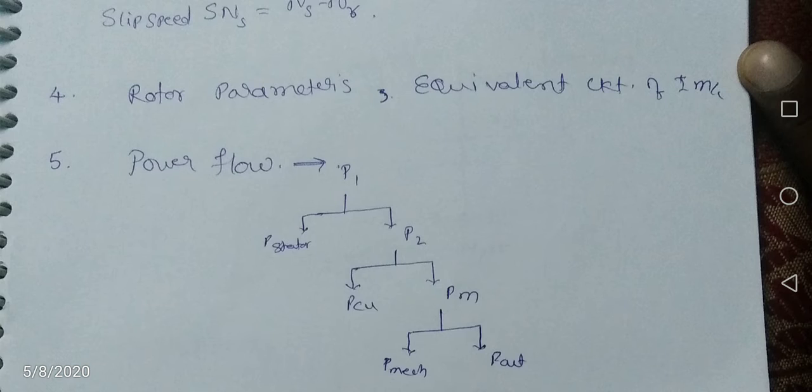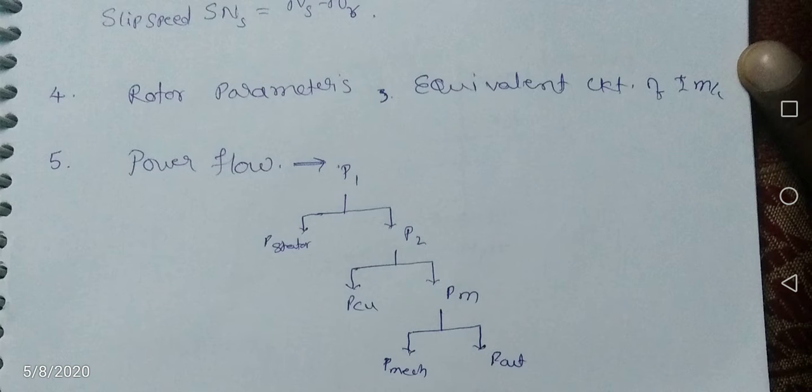And full load torque. Sorry, not full load, maximum torque. To get a maximum torque, differentiate the torque with respect to S and equate to 0. From that R2 is equal to S X2.